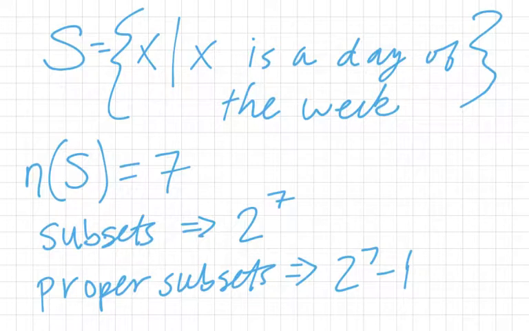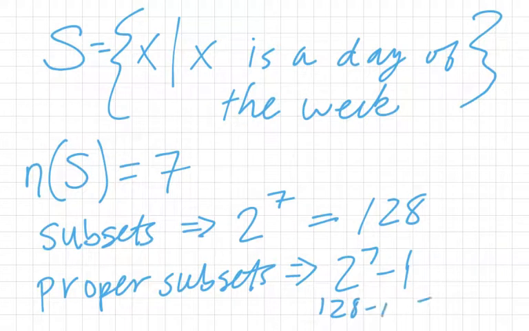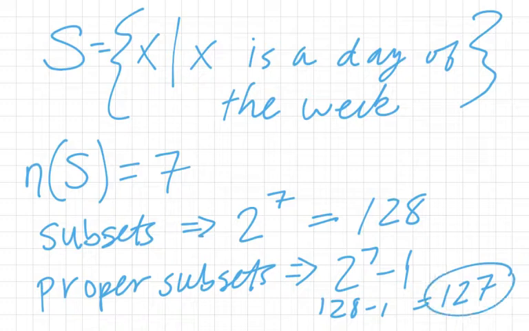In the calculator, we can calculate that, or you might know it from the pattern, but 2 to the 7th is equal to 128, and so 128 minus 1 is 127 proper subsets for that set, and there are 128 subsets of this set. So when our sets get bigger, they have a lot more options for possible subsets and proper subsets.